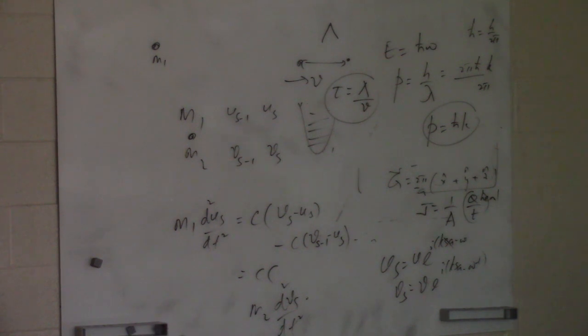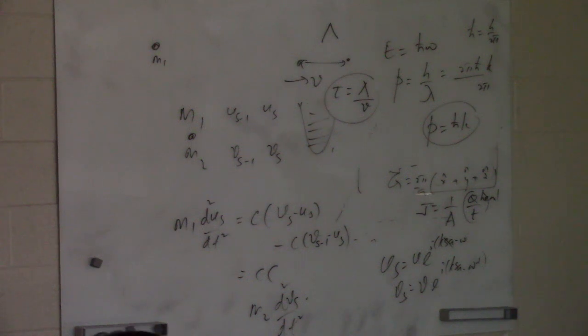Now A times gamma is a volume. So if you divide C by this volume, we call it the heat capacity per volume, Cv, times delta T. Now delta T I can write as delta T over delta x times gamma.